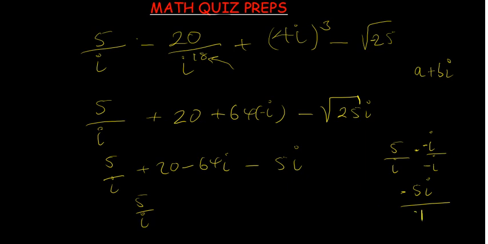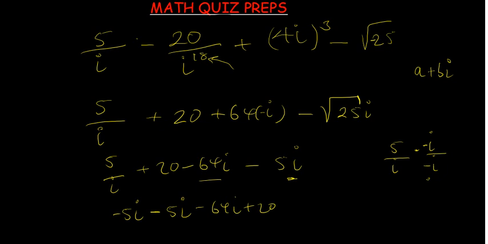So the down part we will simply write positive 1. And we know that 5 into negative i will simply give us negative 5i. So instead of writing 5 over i, we can write negative 5i. And then we can bring also this one which contains an i, that is the negative 5i. Again this one, negative 64i, and then plus 20. Negative 5, that is negative 10. Negative 10 minus 64, that will be negative 74i.